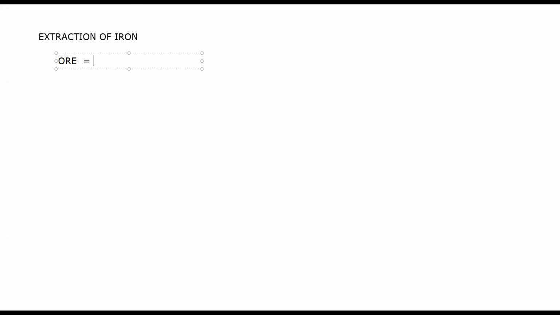The ore of the iron is iron oxide, with impurities: silicon oxide, which is also called sand or silicon oxide.